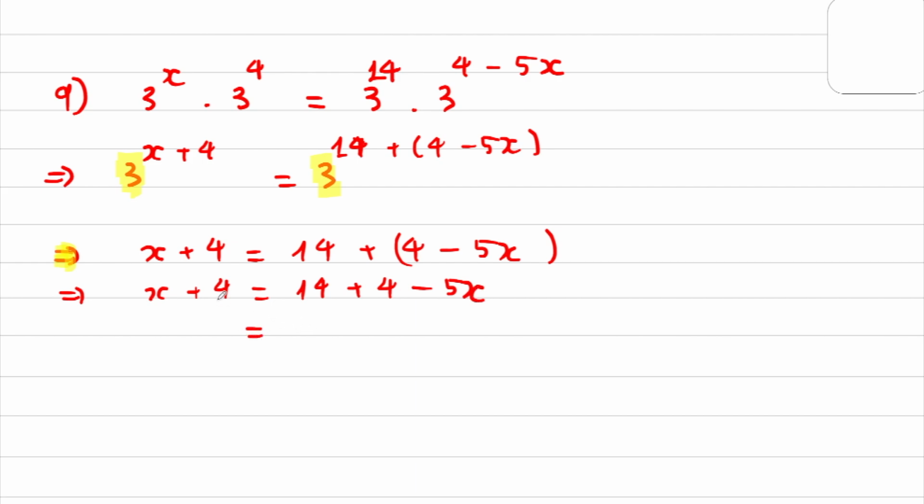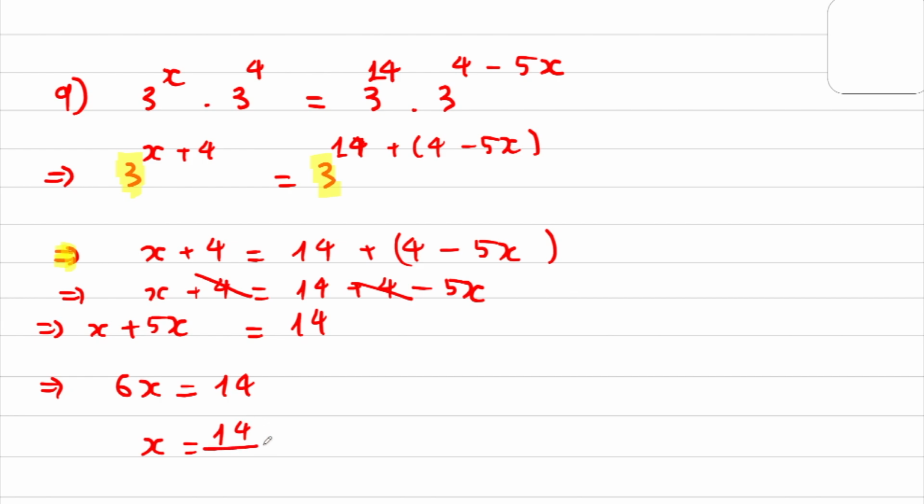The left-hand side and the right-hand side also have 4, so you can cancel it, and move minus 5x from right to left-hand side. It becomes plus. Here is 14 and here is 6x, and then x will be 14 divided by 6, and then divide by 2. You get 7 over 3. Yeah, that's it. That is the first way you can solve this equation.